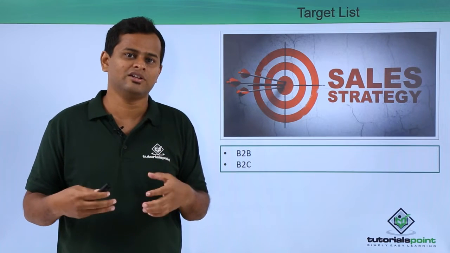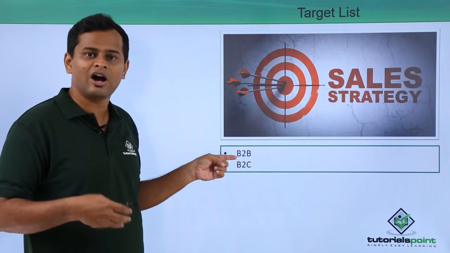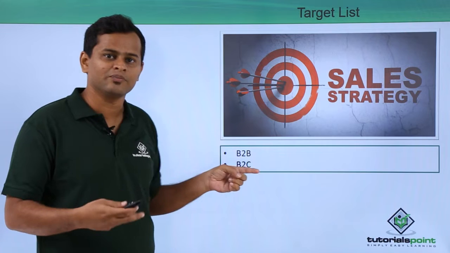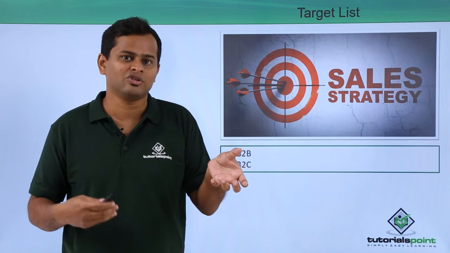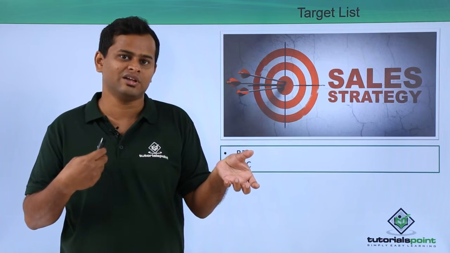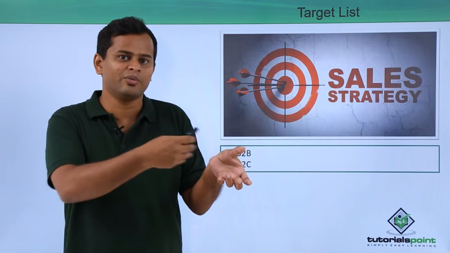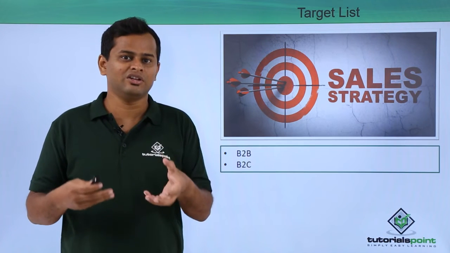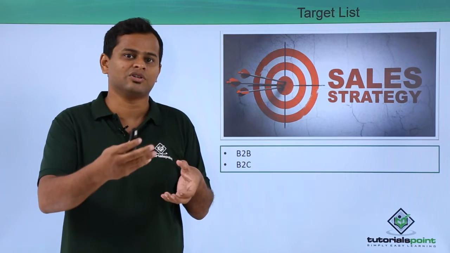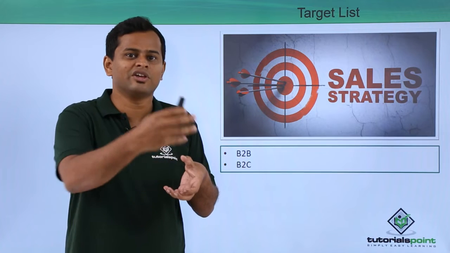When we are into sales, we should be very clear whether we are targeting B2B or B2C. B2B means, let us consider the example of Amazon: I am having a business and I give it to Amazon. That means I am operating business to business. B2C means business to customer, like Amazon, how it straight away gives to the customer.